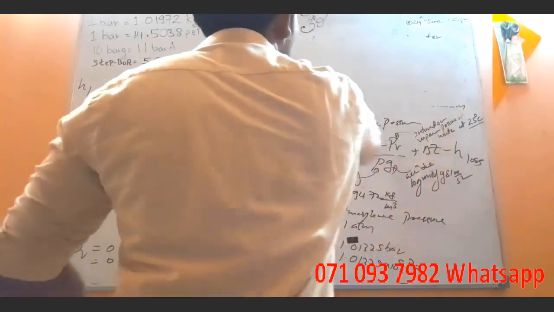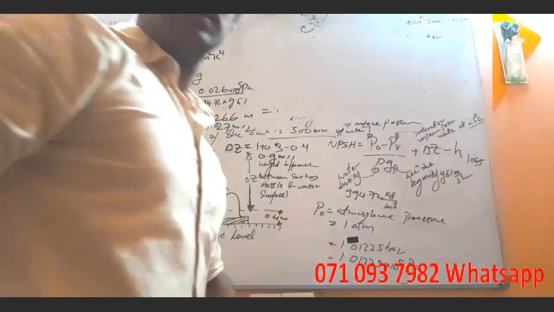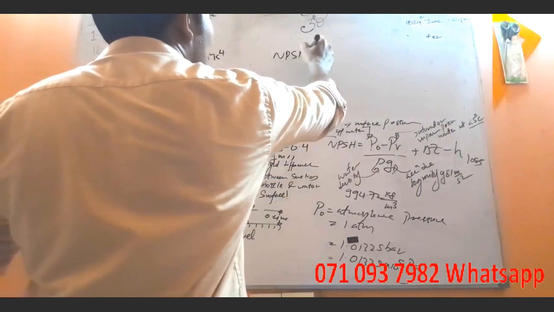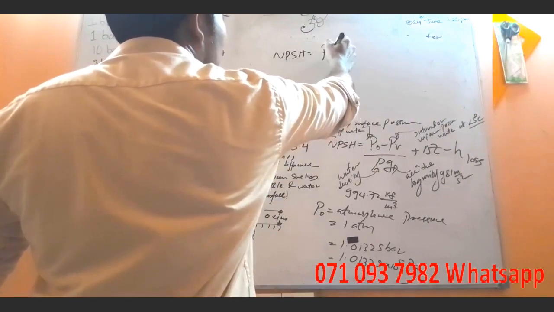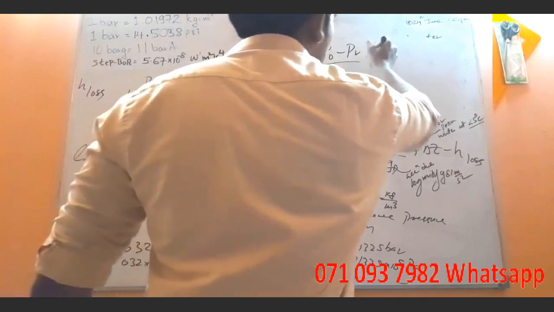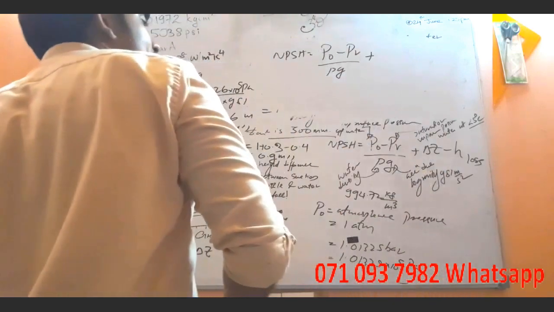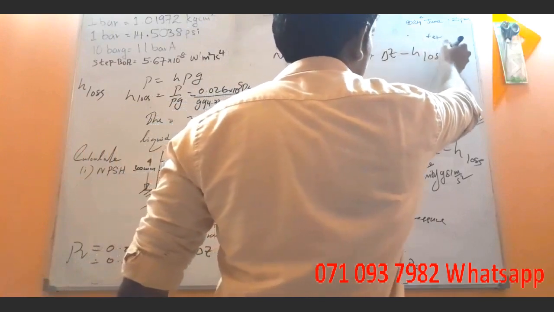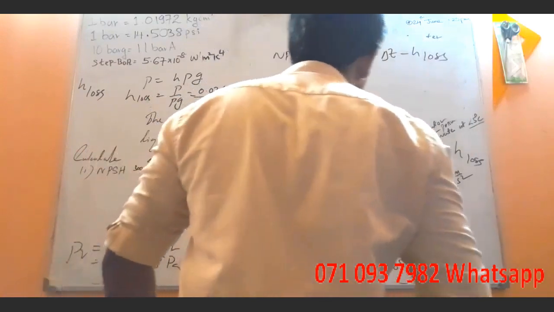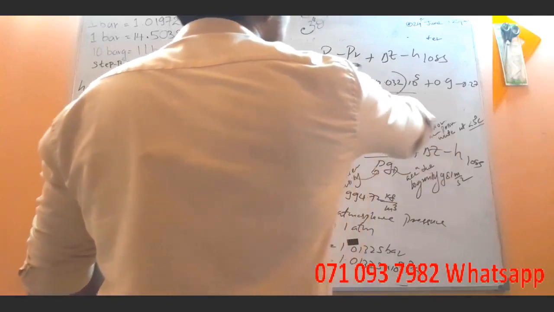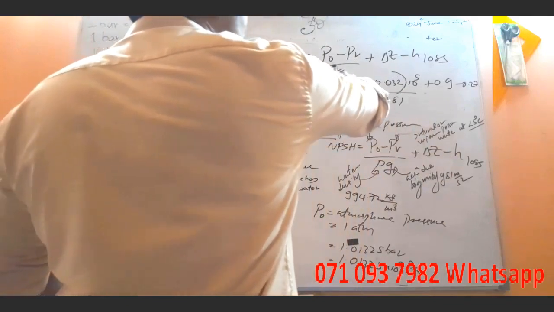So again, let's write the formula. Net positive suction head equals P naught minus P vapor divided by rho G, plus delta Z, minus head loss. G is there, acceleration due to gravity, 9.81.